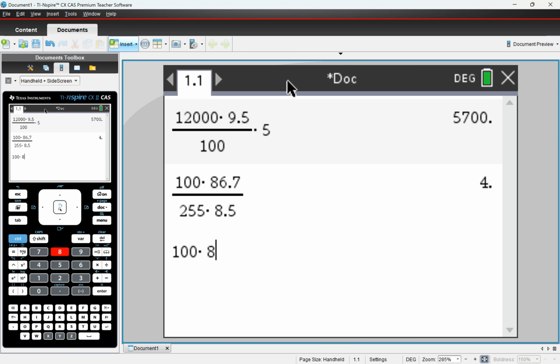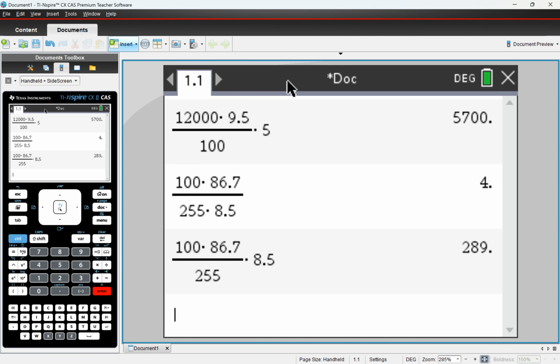Watch what happens if I do it the other way. If I do 100 times 86.7 divided by 255 times 8.5, see how I get a different answer? If I don't put in the brackets, it doesn't know it's in the denominator. This is what most students would do on a scientific calculator. When you get an answer, does that make sense? 289 days or years just doesn't make sense to earn only $86.70. So you've got to think about it.